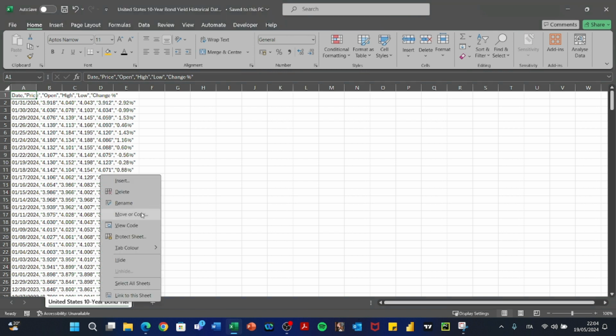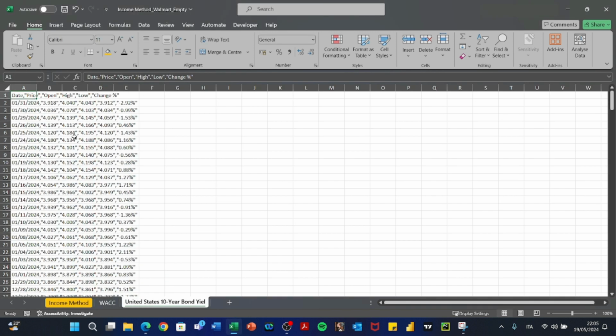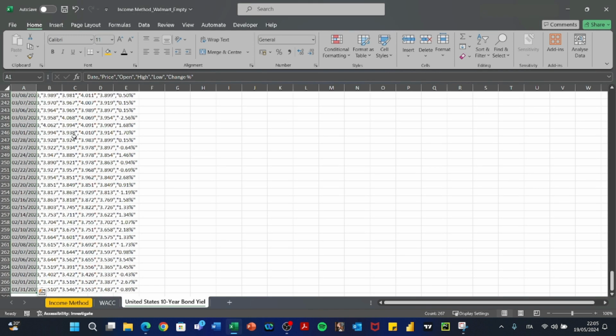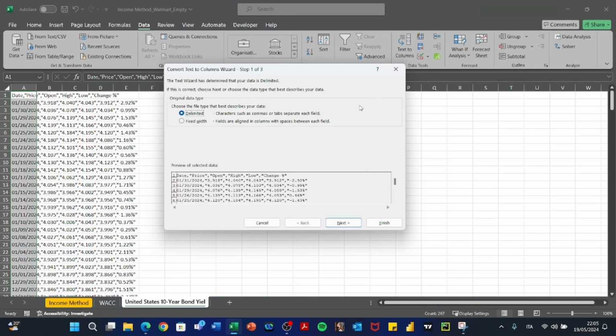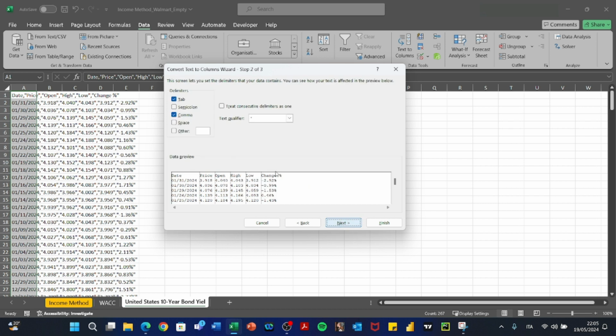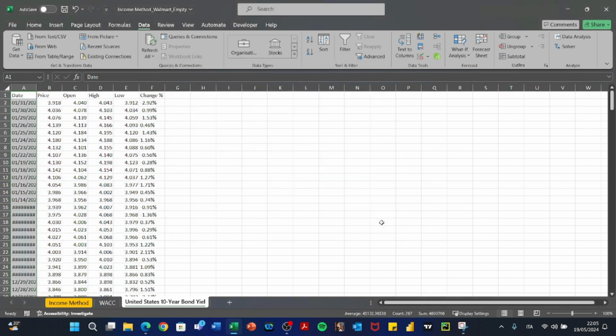Let's now create a copy and send it to the end. Okay, let's now go on data, text to columns, and then delimited with comma, finish. Okay, perfect.